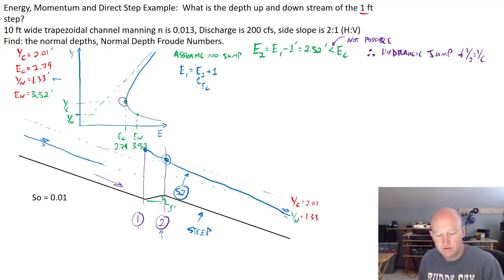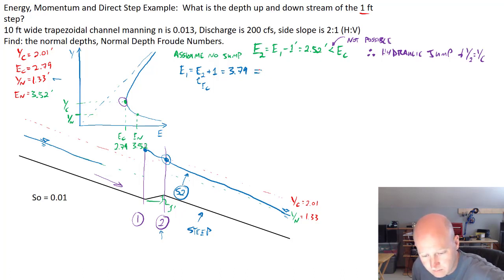We're actually going to transfer the Bernoulli sum elevation head into specific energy. So we're trading off specific energy and elevation. So the energy at section 2 then is 3.79. Sorry, that's section 1. And then we're going to use that to get Y1 in the spreadsheet.